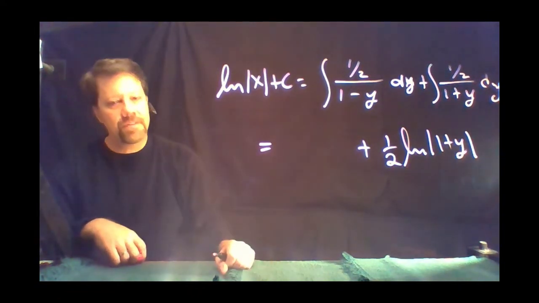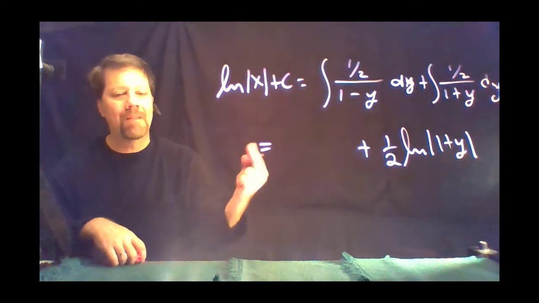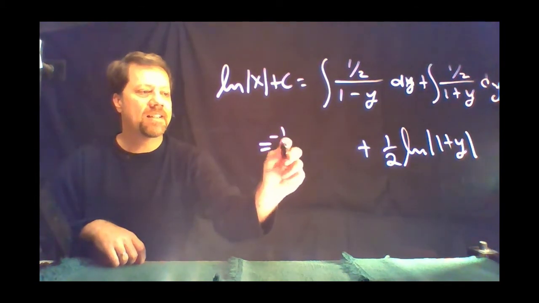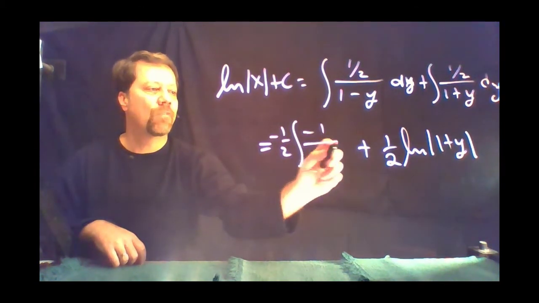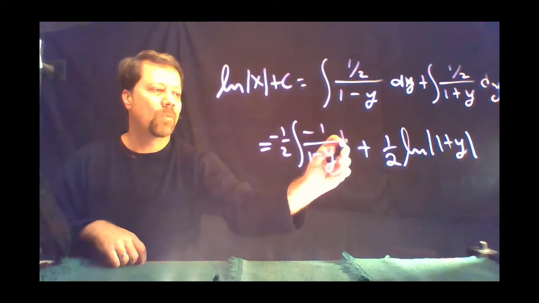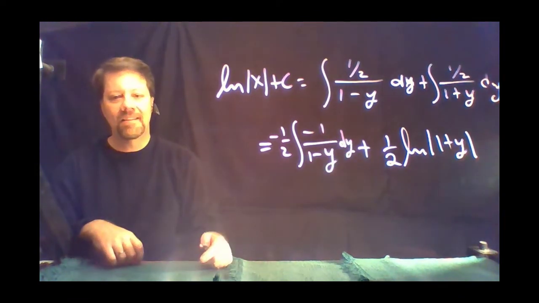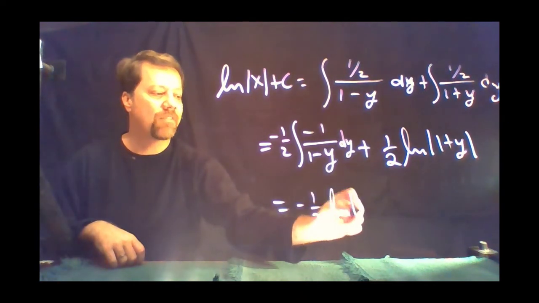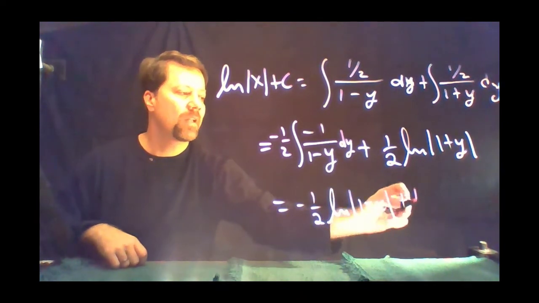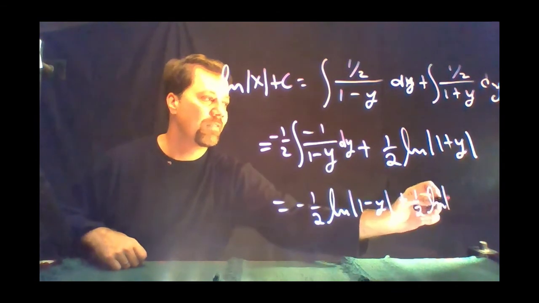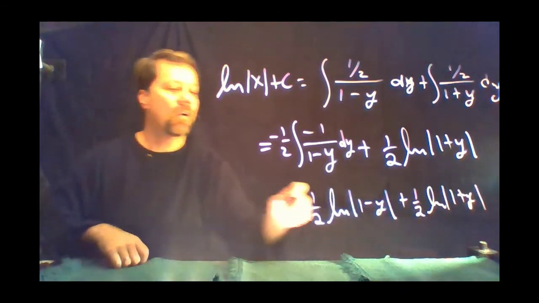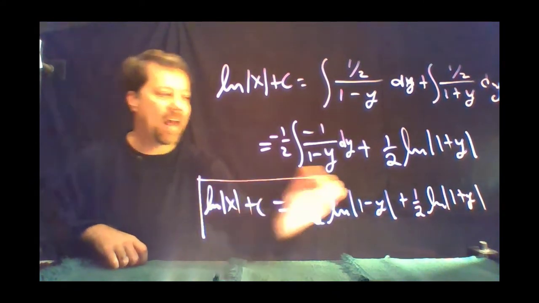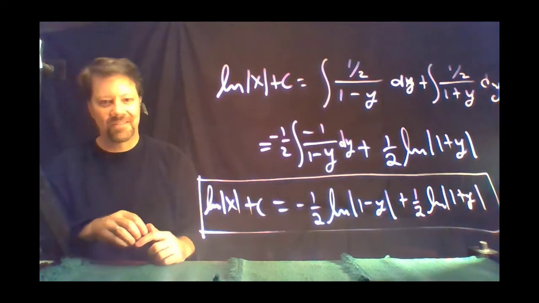On the first integral, the derivative of 1 minus y is -1. So I need to rewrite that as -1/2 the integral of -1 over 1 minus y dy. Then I can easily find the answer, -1/2 log absolute value of 1 minus y plus 1/2 log absolute value of 1 plus y. All of that equal to log absolute value of x plus c, and that is our solution.